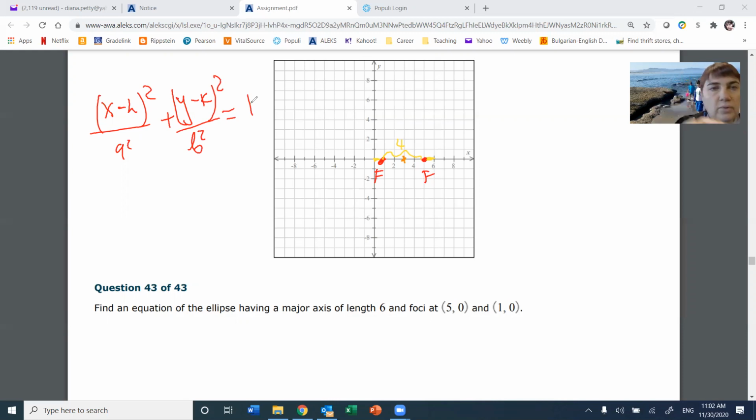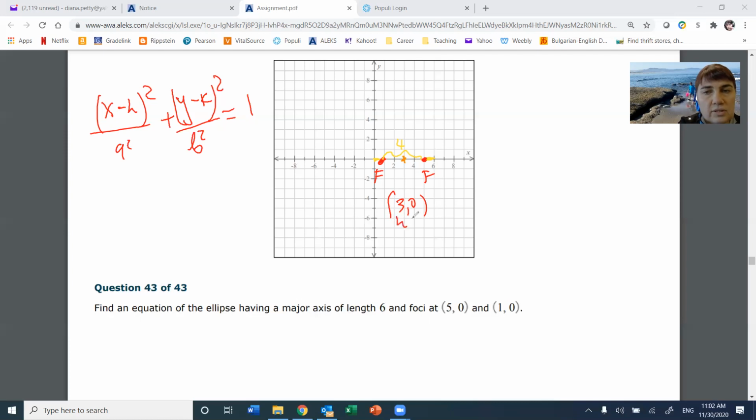So what I know already, I need to find h, k, a, and b. Okay, so we know the h and the k. H and k are the coordinates of the center. The coordinates of the center are 3 and 0, right? So we got the h and k.